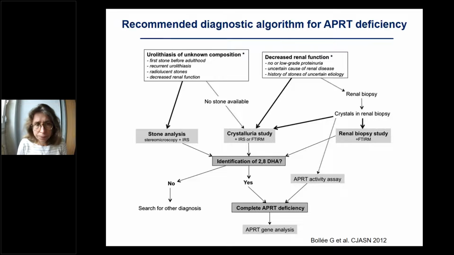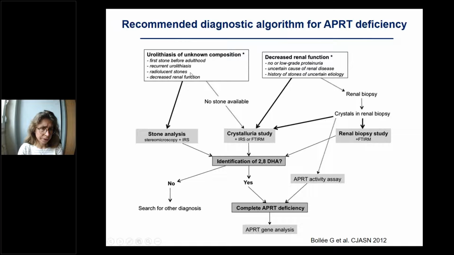This is a kind of diagnosis algorithm for APRT deficiency proposed in the publication from Guillaume Bollée. You can see here if you have urolithiasis of unknown composition, or a first stone before adulthood, you should think of some kind of cause in these patients.